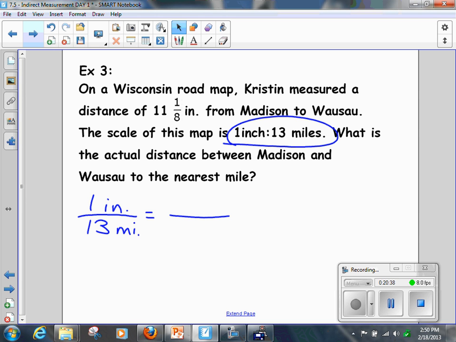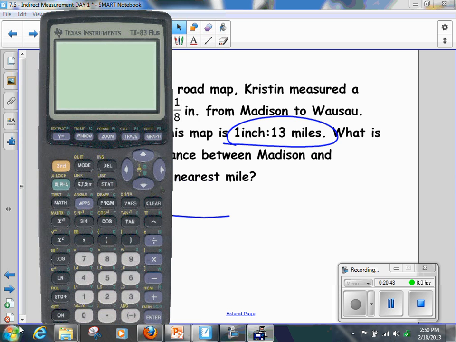Take your calculator. I know what 11 is. 11 is 11. But if you didn't know that 1/8 was 0.125, how would I determine that? Just divide 1 by 8. And hey, 0.125.